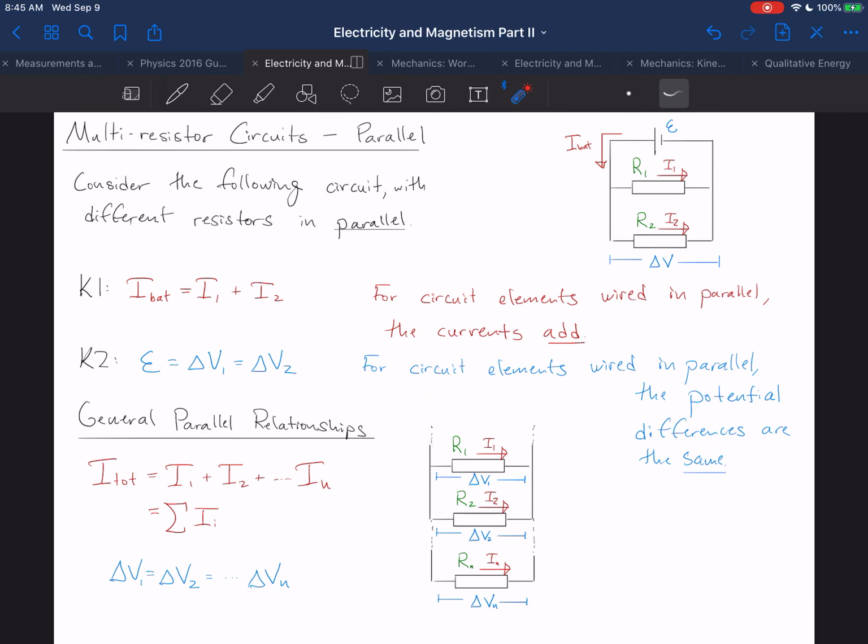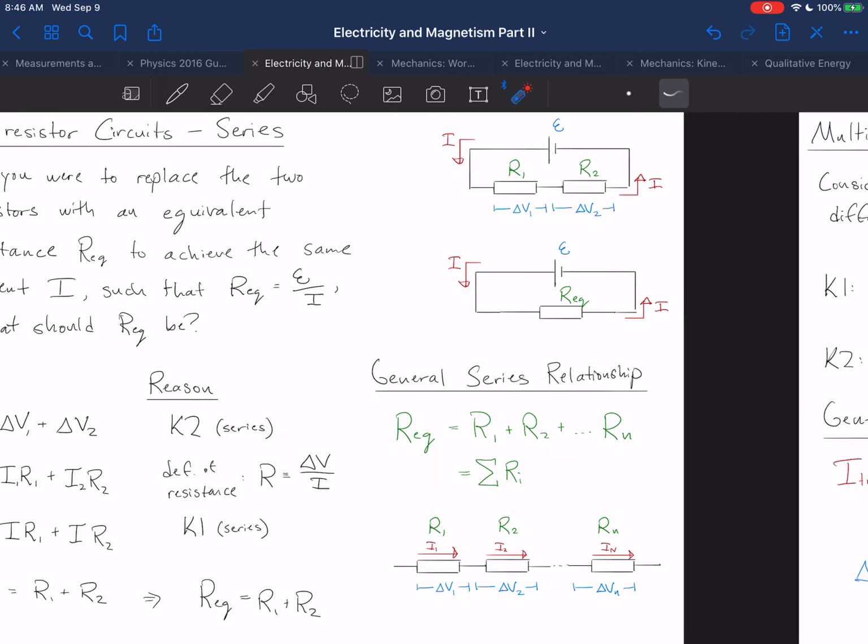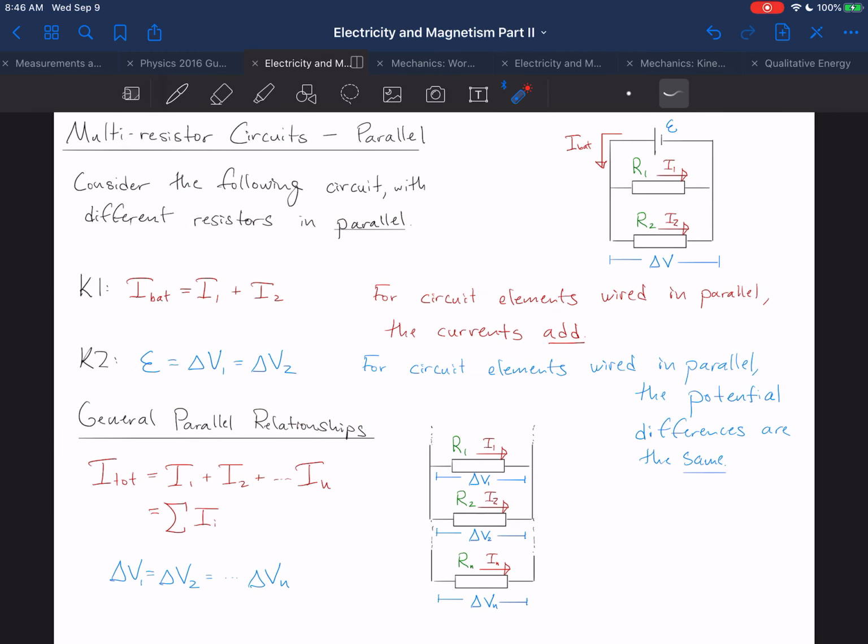What resistance would you need to replace R1 and R2 with to get the same total current through the battery? That's the question I will get to in one moment. Notice that last time we managed to derive that relationship using Kirchhoff's first and second laws and the definition of resistance. So feel free to pause the video now if you'd like to look at that.